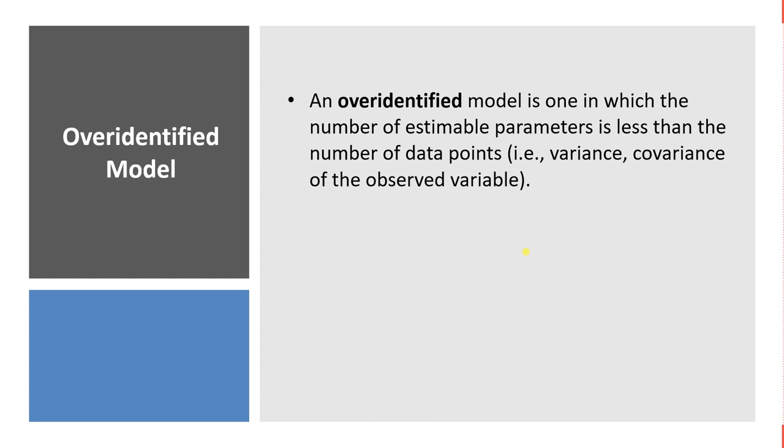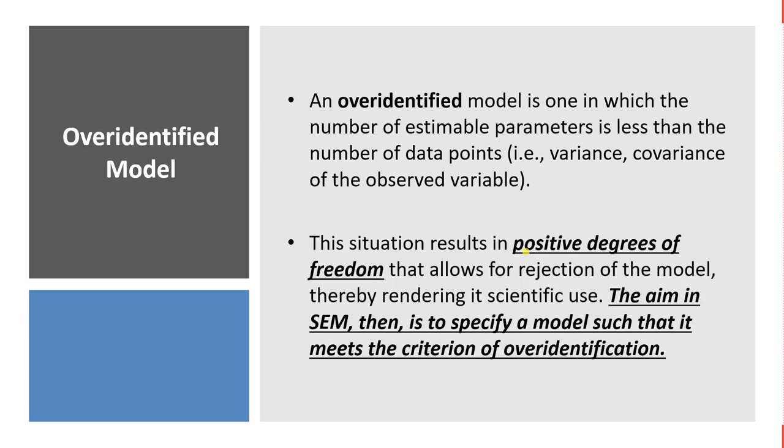So if the parameters to be estimated are less than the data points, then the value will always be positive. If there is a positive degree of freedom, then the model is over-identified.